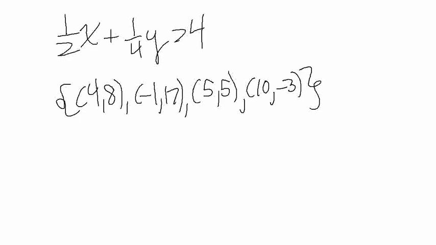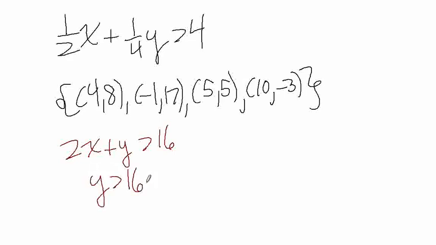Okay, I'll go ahead and work it out as well. As before, I will first simplify the original linear inequality, even though it's not strictly necessary. This time I'm going to multiply everything by 4. That'll give me 2x plus y is greater than 16. Let me subtract 2x from both sides, so y is greater than 16 minus 2x.